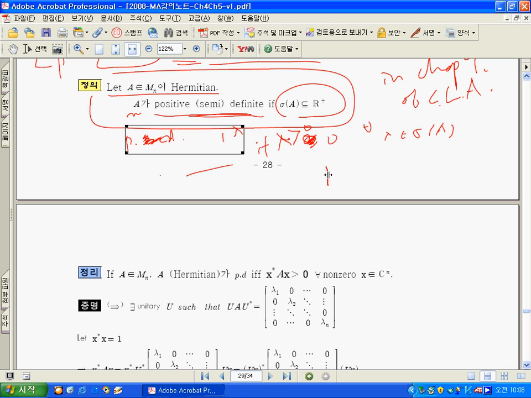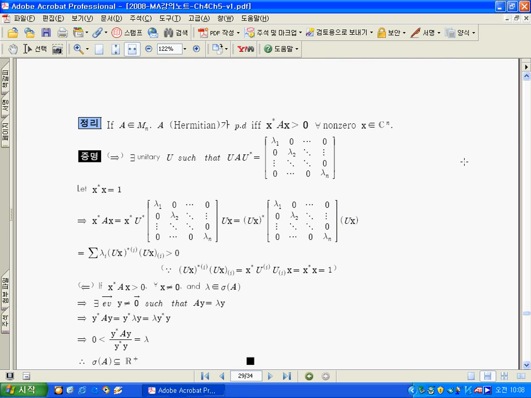Okay, so you have also learned what positive semi-definite and positive definite are from the textbook for elementary linear algebra. The Hermitian matrix is called positive definite if all of its eigenvalues are positive.